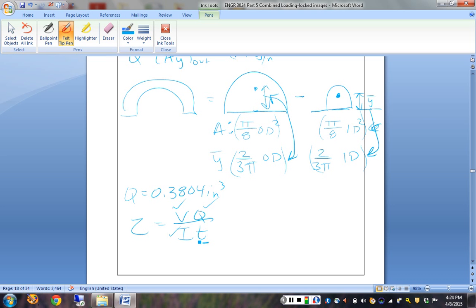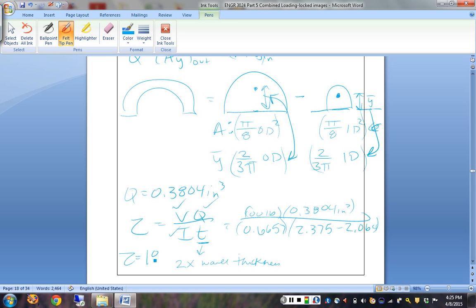So that is 2 times the wall thickness, however you want to calculate it. We have numbers for all of those things: 100 pounds, the 0.3804 we just got, and a 0.657 from before. I did it by outer minus inner, and we end up with a number that is 185.